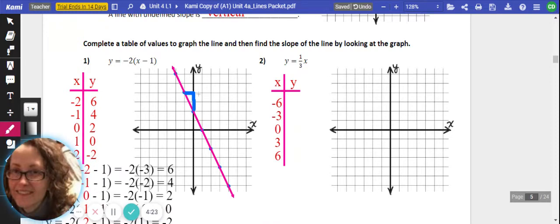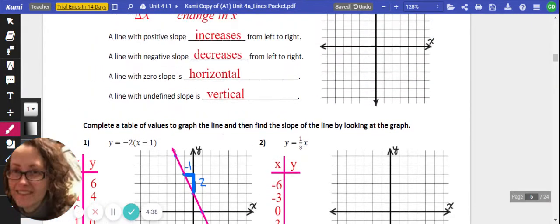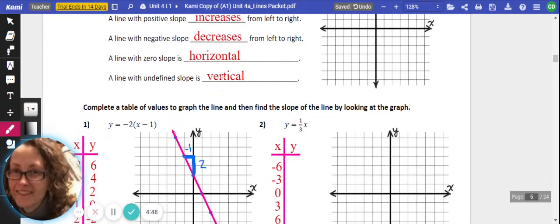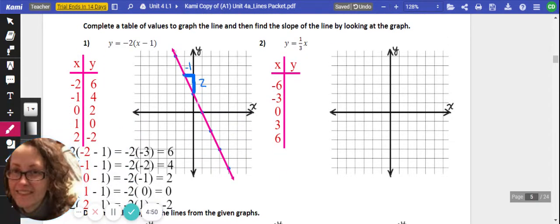So I count up 2 spots, and up is a positive direction, so I'm going to get a +2, and then left is a negative direction, so I'm going to get a -1. Calculating this as the change in my y values, this little triangle means change, so change in my y values over change in my x values. So the change in my y values over change in my x values is going to be my slope.